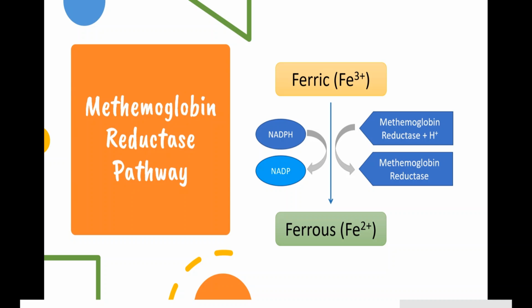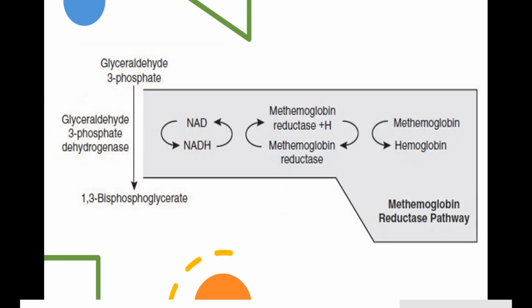Now, you may be wondering, Ma'am, where does the H come from? How come there is H carried by the methemoglobin reductase? The H comes from the NADH generated during the conversion of glyceraldehyde 3-phosphate into 1,3-bisphosphoglycerate. This conversion is part of the Emden-Meyerhof pathway.